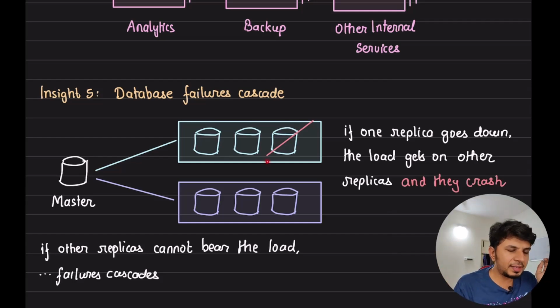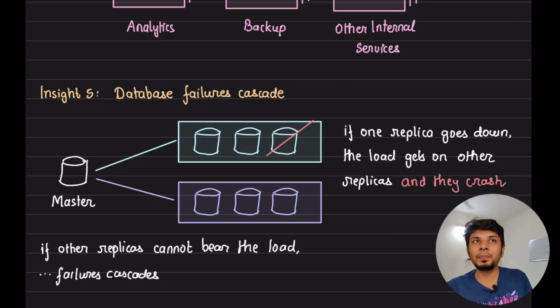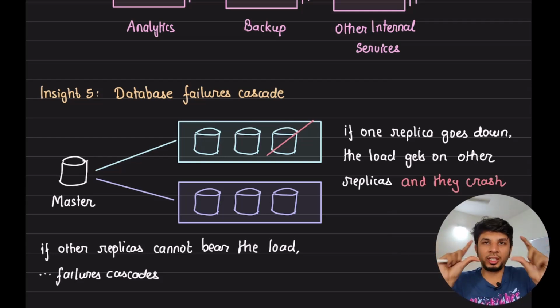Now what happens is, let's say one of the read replicas goes down. The load of this replica that went down is shared across the other 2 read replicas. So the read replica who had 32 GB RAM was supposed to handle, let's say 1000 requests per second, is now suddenly getting 1500 requests per second. So let's say the total number of requests that we were handling were 3000 requests per second on 3 read replicas, right?